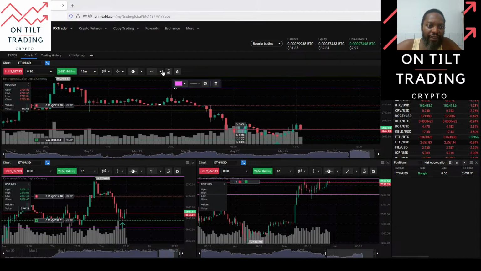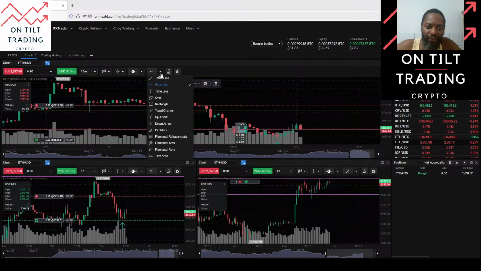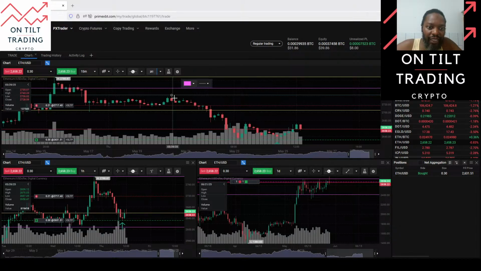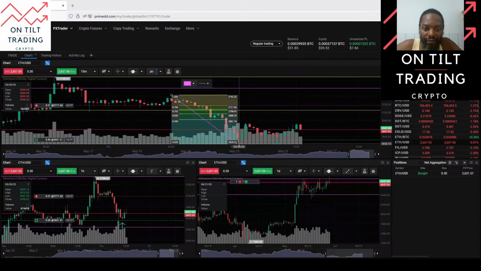I move these lines out of the way so that they don't interfere with the connection to the candle here. Sometimes they get in the way.